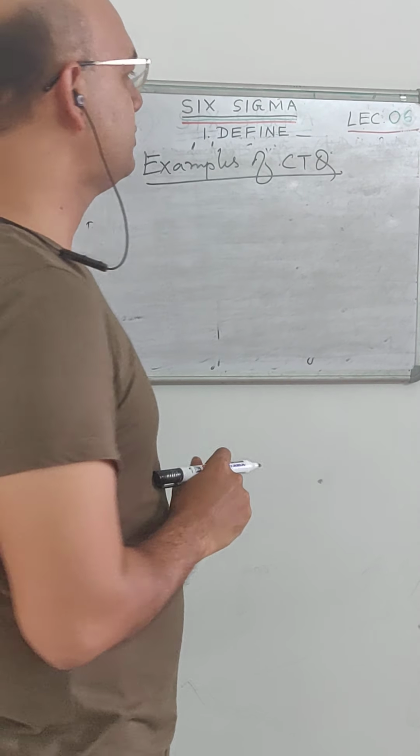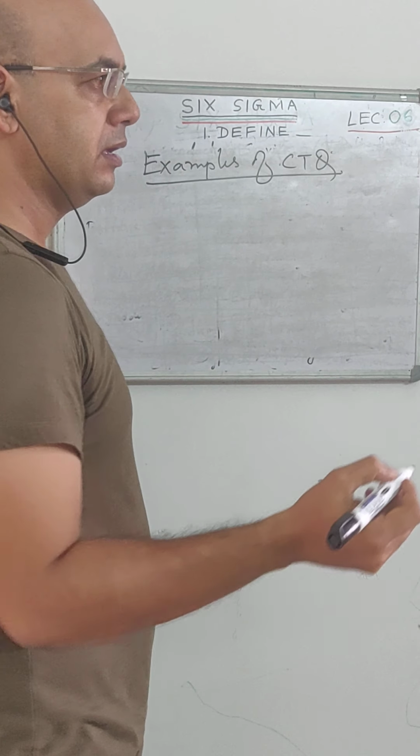Like we'll discuss some examples of CTQs, like for buying a car.